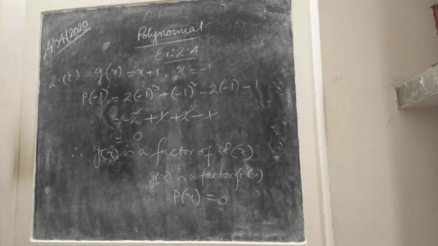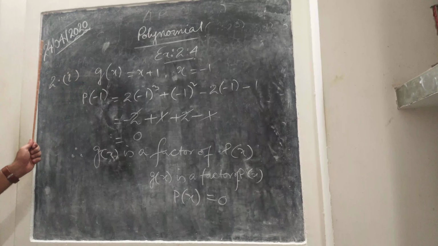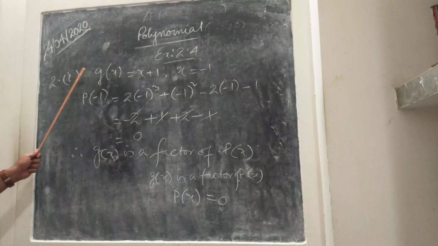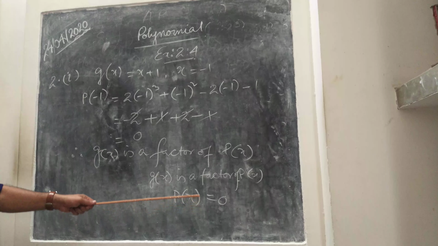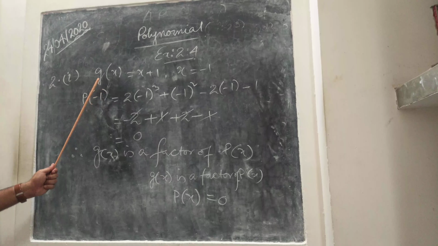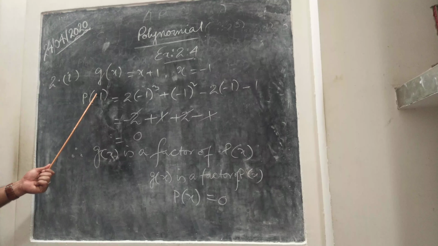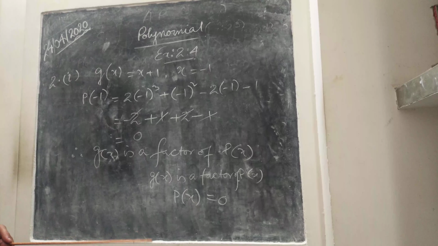Remember that. If gx or dx, whatever it may be, is a factor of px, then px should be equal to 0. It is here x, polynomial of x. If it is y, or t, or z, no problem. Okay, there is no change.